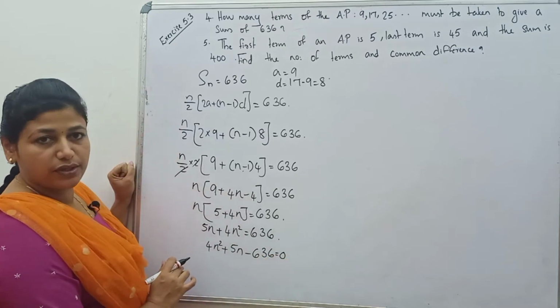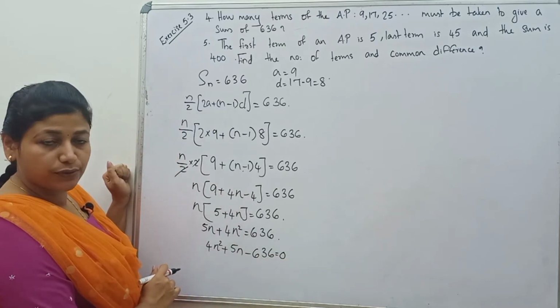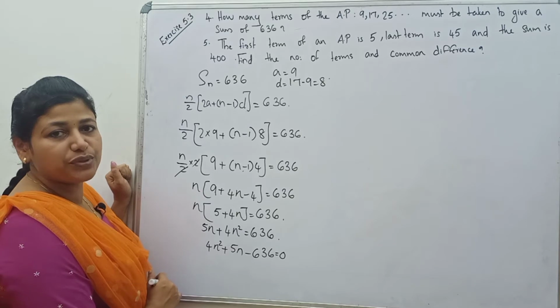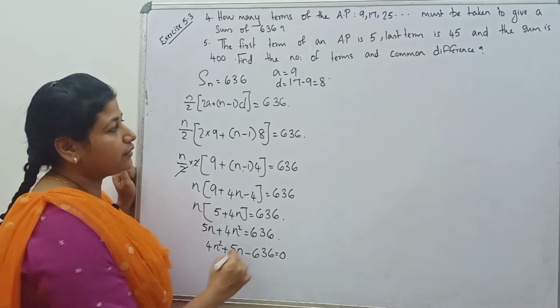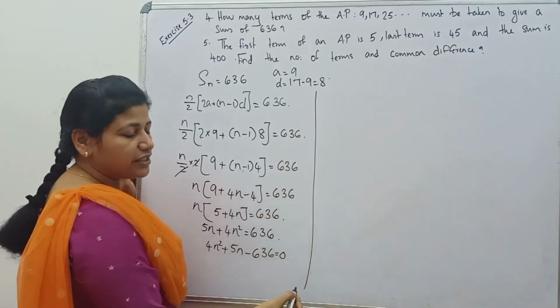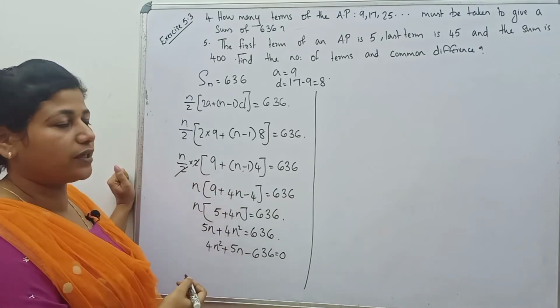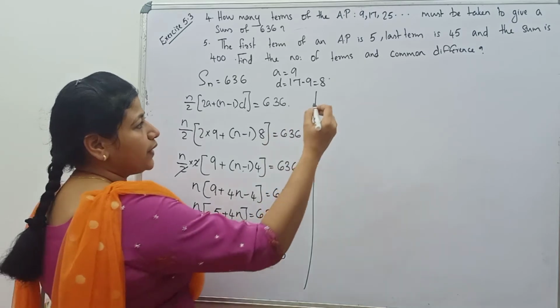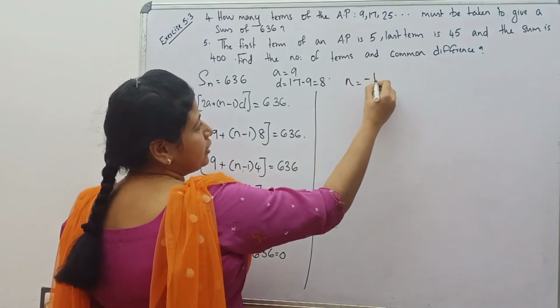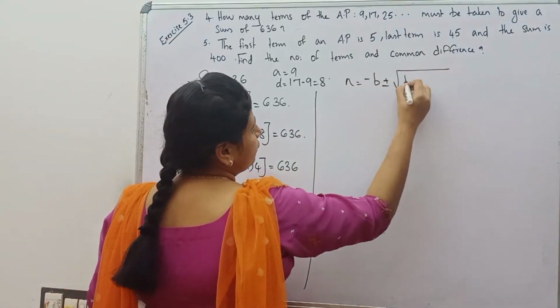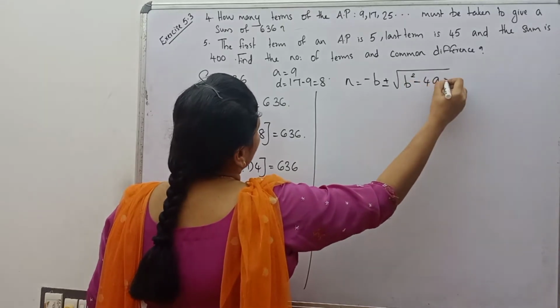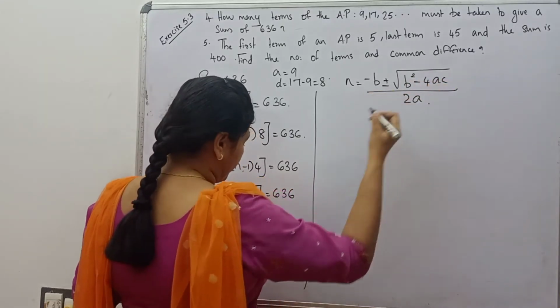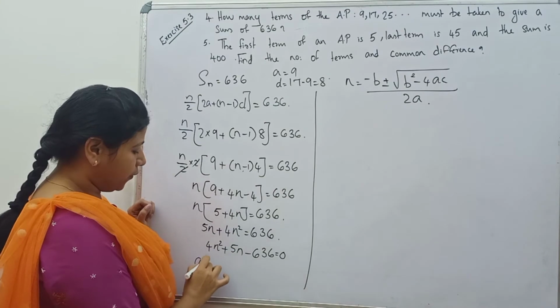This is the quadratic equation of the form ax square plus bx plus c equal to 0. So we can use the quadratic formula, that is x equal to negative b plus or minus root of b square minus 4ac by 2a, to find out the variable in this equation, n. So in this question, a is 4, isn't it?